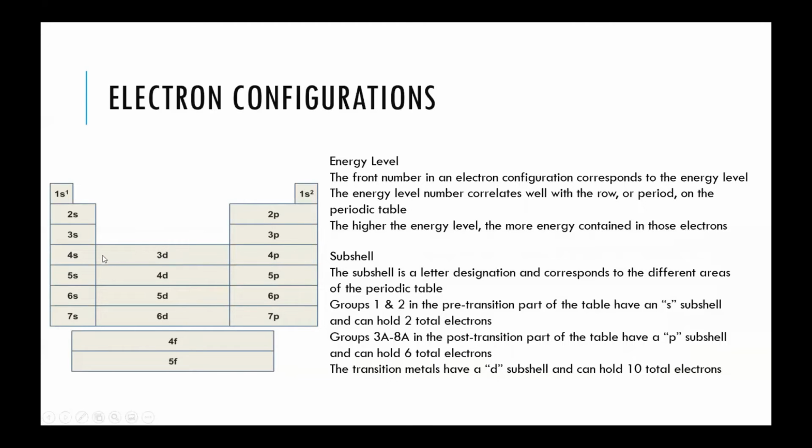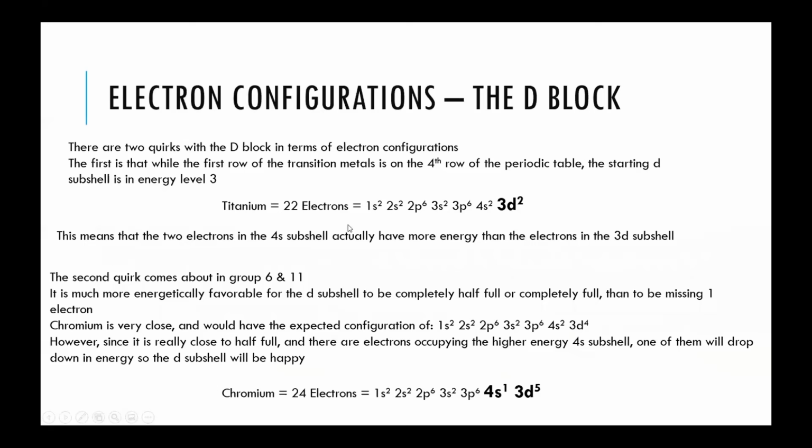So when you're starting with the transition metals, in the case of titanium right here, you filled up the 2p subshell, the 2s subshell, the 3p subshell, the 4s subshell, and it goes down to 3d.